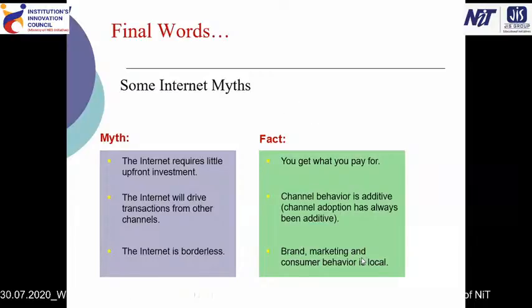You get what you pay for. On channel behavior, adoption has always been additive. This is brand making, as consumer behavior is local. These are very important myths and facts for IP and intellectual property in the internet and e-governance system. Okay, next.